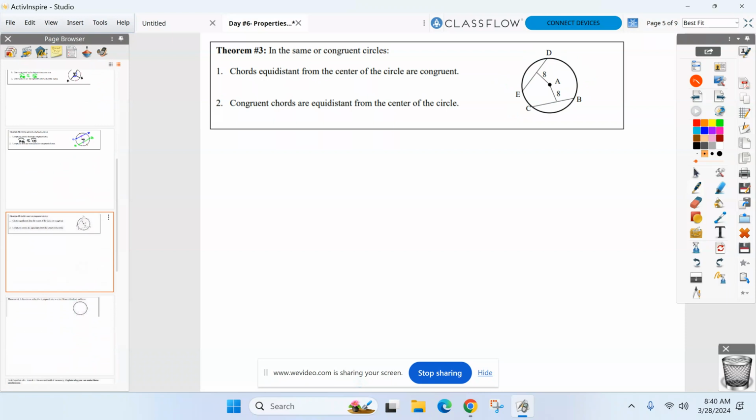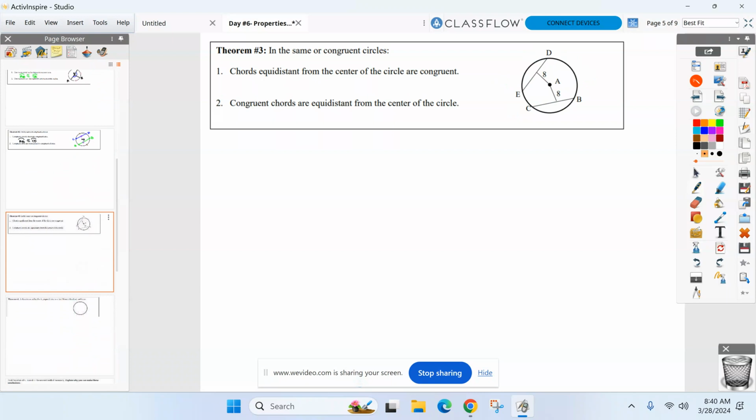All right, if I draw in 2 chords, DE and CB, if 2 chords are the same distance from the center, and now look, I don't say the term same distance. I use that cute word up there, equidistant. All right, 2 chords, same distance from the center, those chords are equal. That's what this third theorem says.